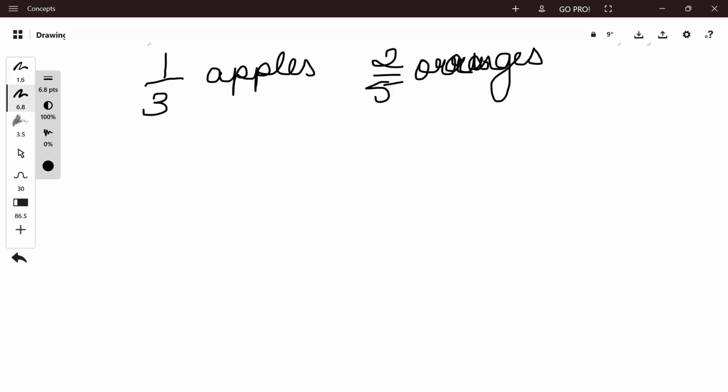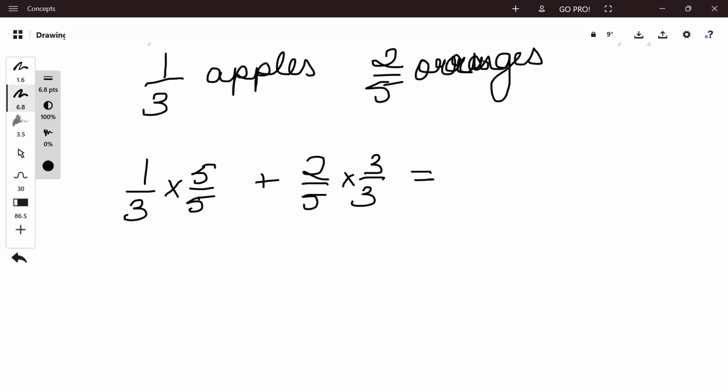So, adding these two together, we have 1 upon 3 into 5 upon 5 plus 2 upon 5 into 3 upon 3, that is equal to 5 upon 15 plus 6 upon 15, which is equal to 11 upon 15.